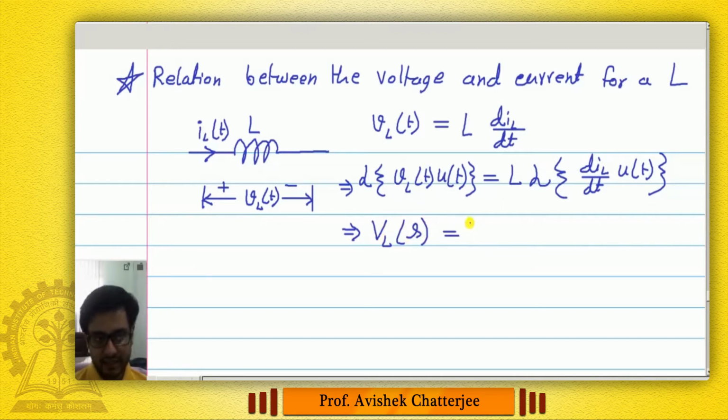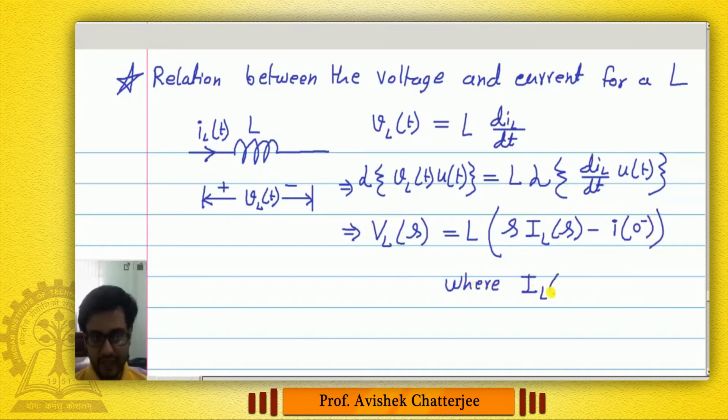Right side we have this constant L and the unilateral Laplace transform of dIL/dt, which will be s I_L(s) minus i(0-), where capital I_L(s) is the unilateral Laplace transform of i_L(t).